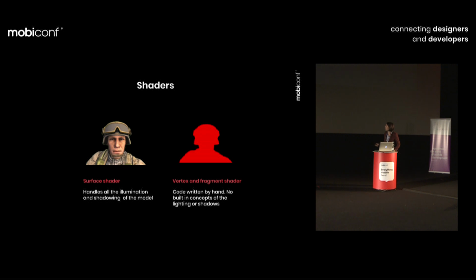Surface shader is the most intuitive way to create a shader because it hides the calculation of how light is reflected and allows you to specify intuitive properties such as the albedo, the normals, etc., without tinkering with the low-level implementation of it. The vertex and fragment shader, as opposed to it, works close to the way the GPU renders triangles and has no built-in concept of how light should behave.